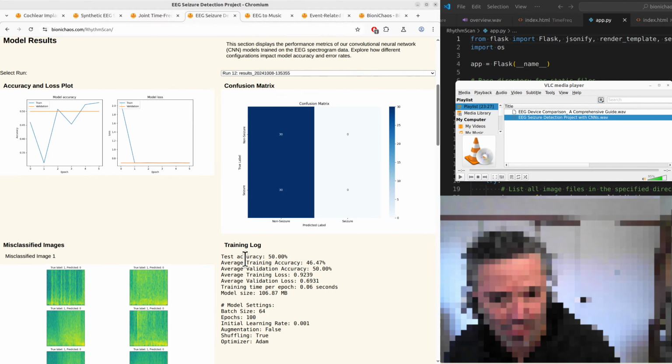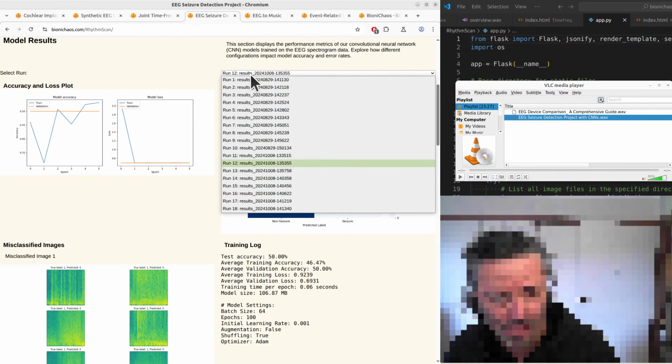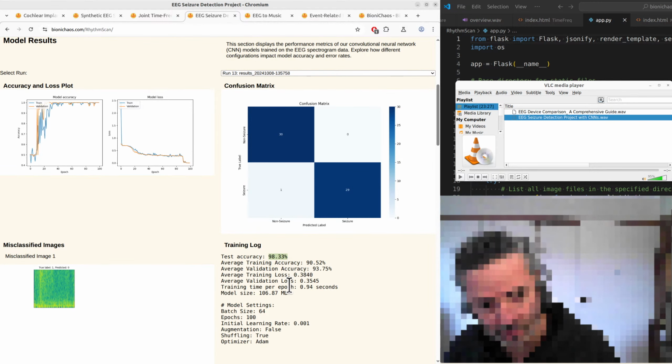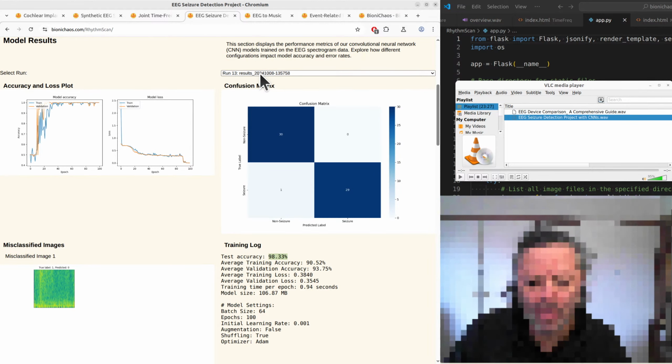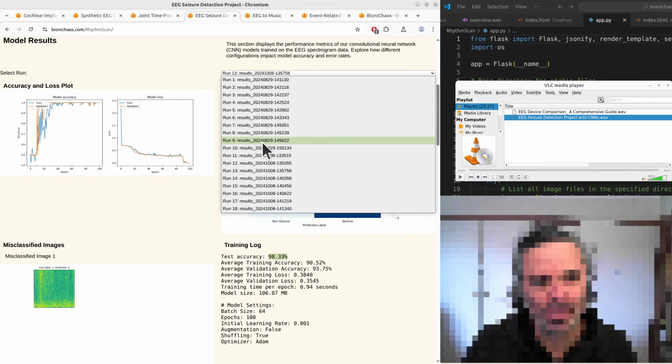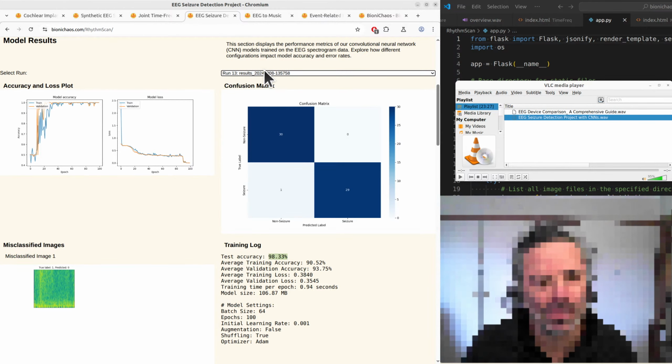Run 12 got the test accuracy of 50%, and 13 with the same settings got a test accuracy of 98%. So yeah. So that's the non-deterministic nature of neural networks, or convolutional neural networks in this case.